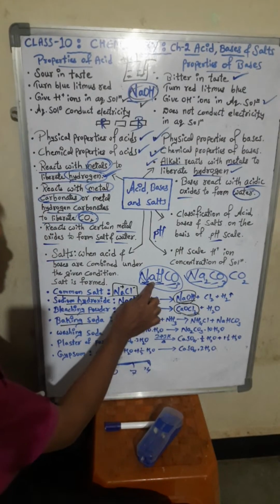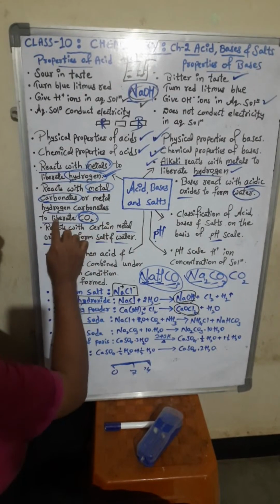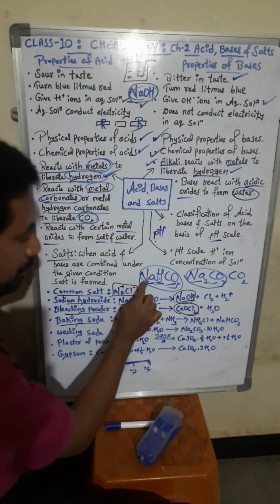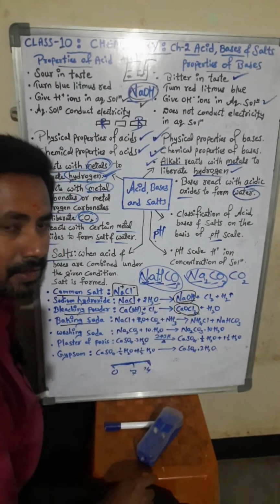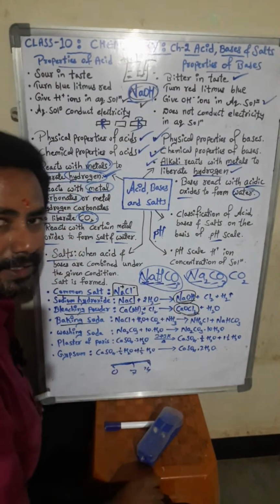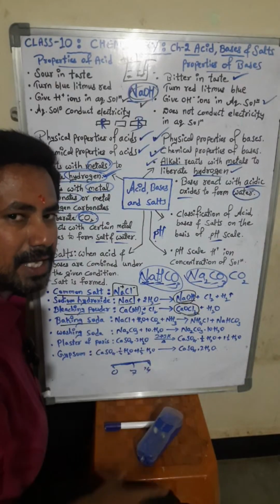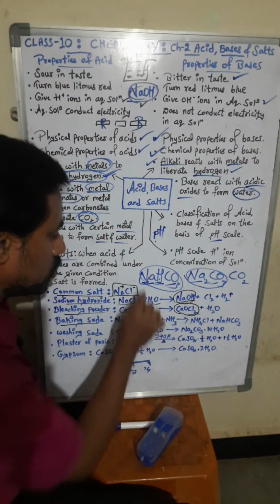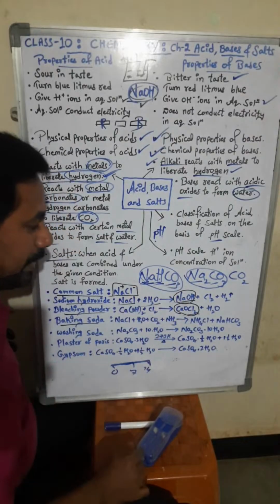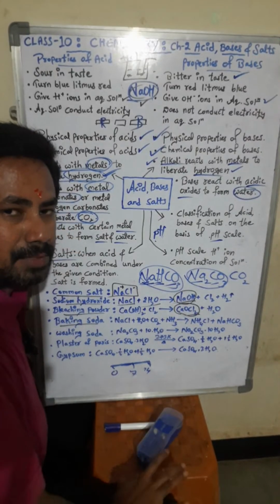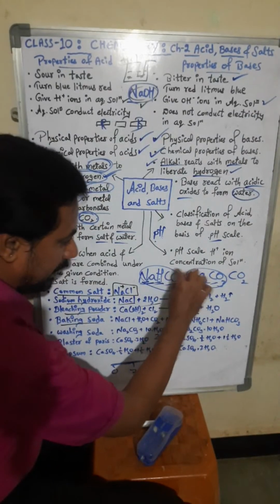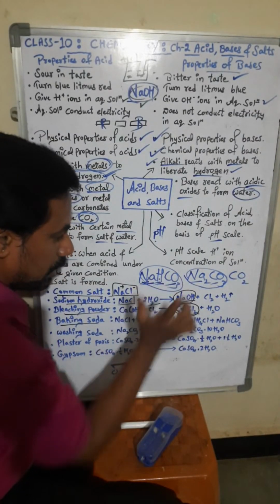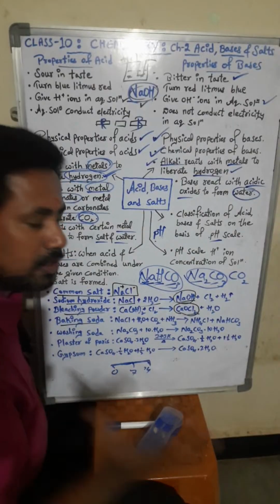Just now we have seen metal carbonate and metal hydrogen carbonate. Sodium hydrogen carbonate or sodium bicarbonate: two names are there, but we just have to remember sodium hydrogen carbonate. CO3 comes last; CO3 means carbonate. Which carbonate is it? Sodium hydrogen carbonate, also known as baking soda.